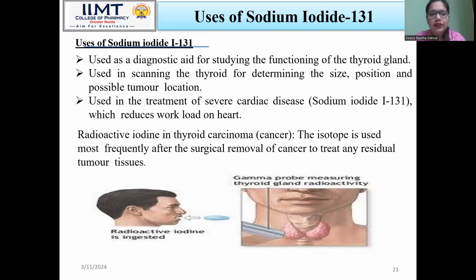It is used in the treatment of severe cardiac disease, which reduces workload on the heart. Radioactive iodine in thyroid carcinoma, that is cancer, the isotope is used most frequently after the surgical removal of cancer to treat any residual tumor tissues.